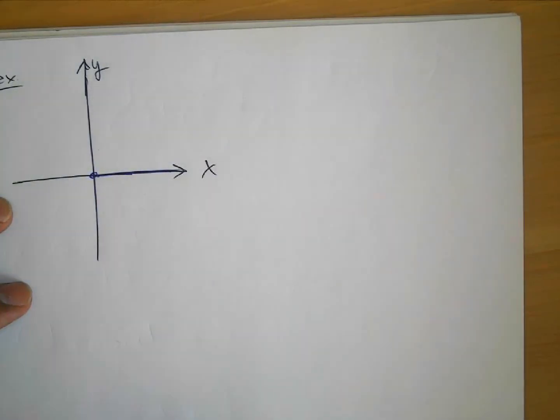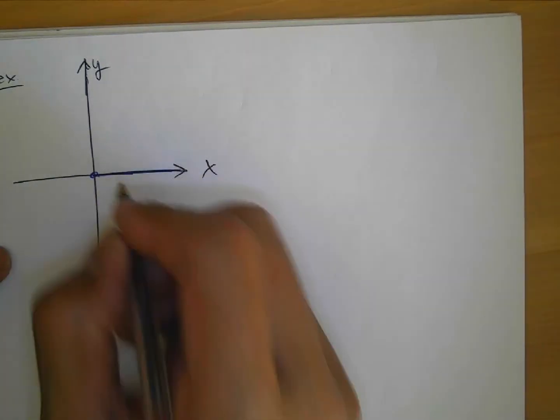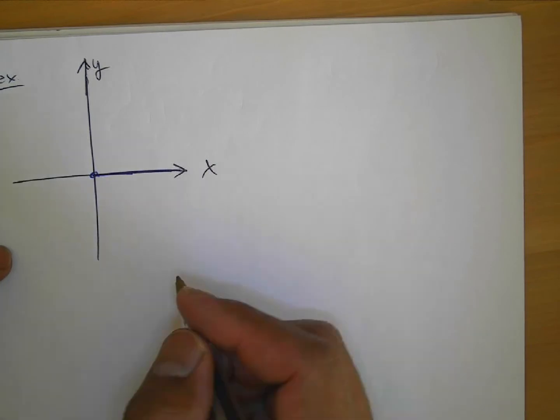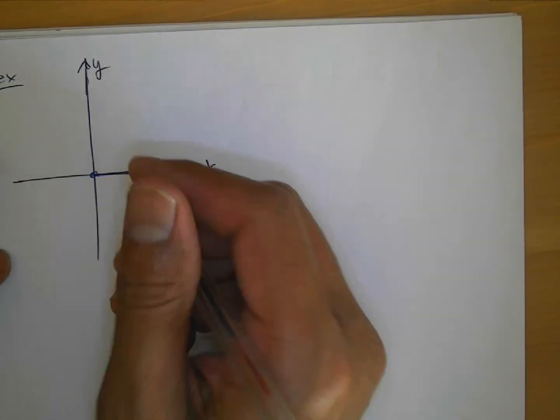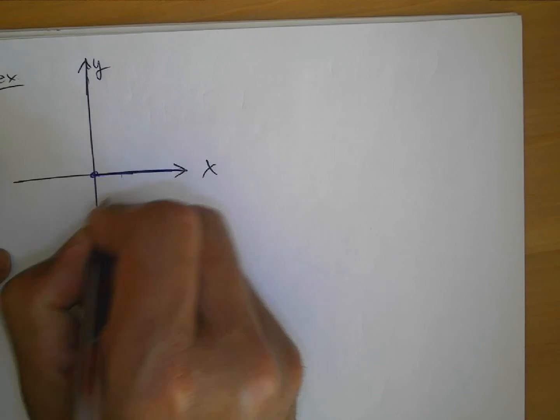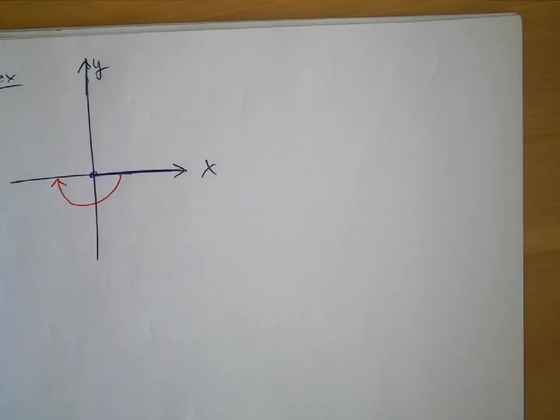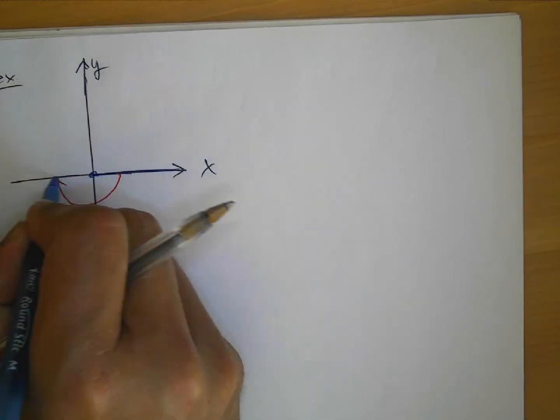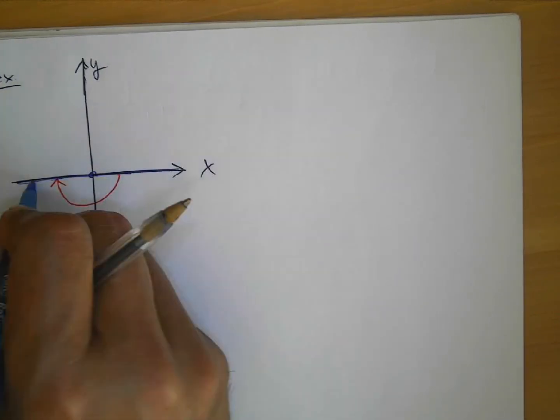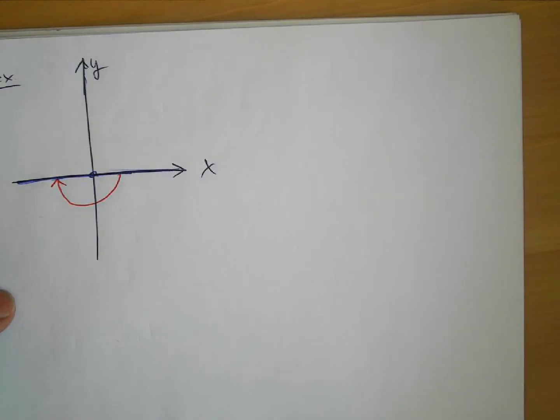We always start, the initial side is there. What if I start with negative 180 degrees? That's a 90 with another 90. The angle looks like a straight line, it's called a straight angle, because it's a straight line.